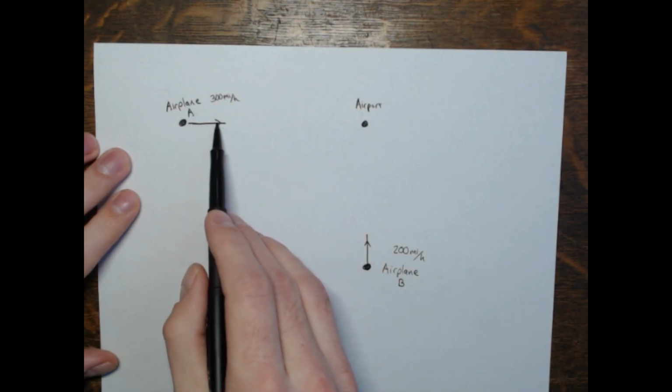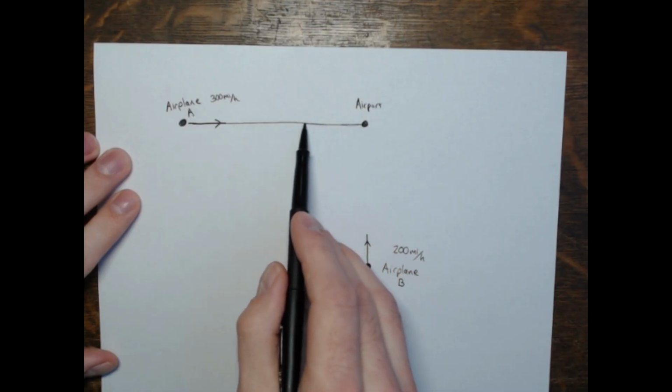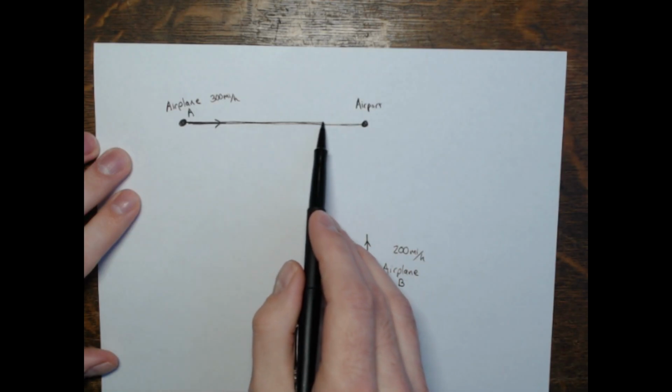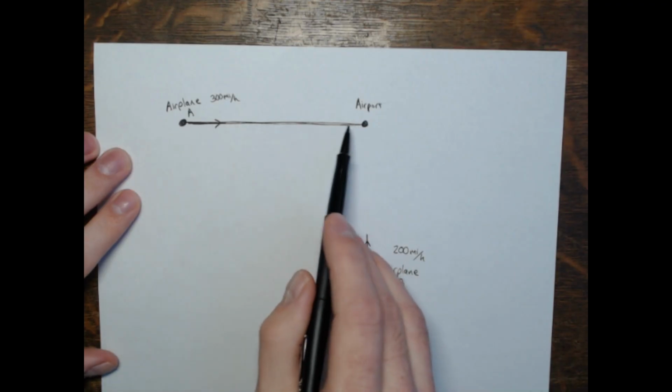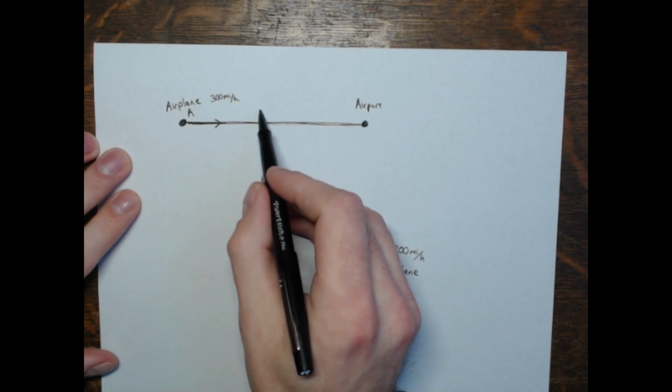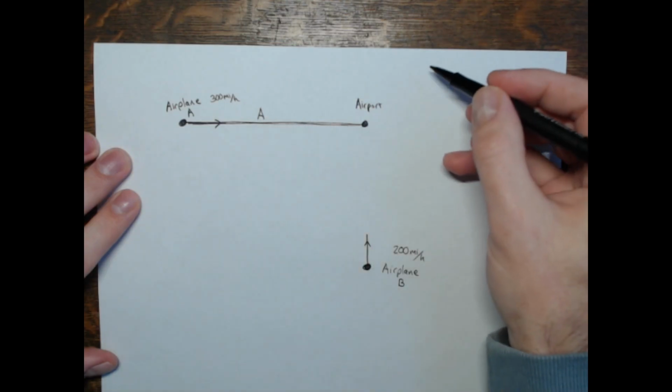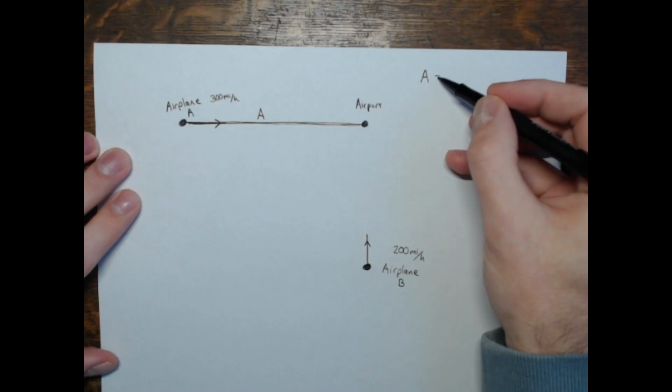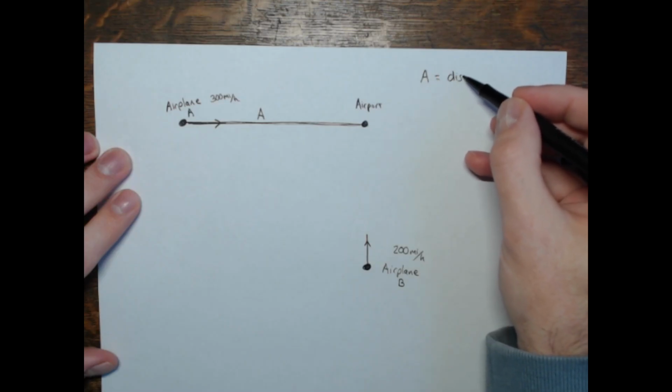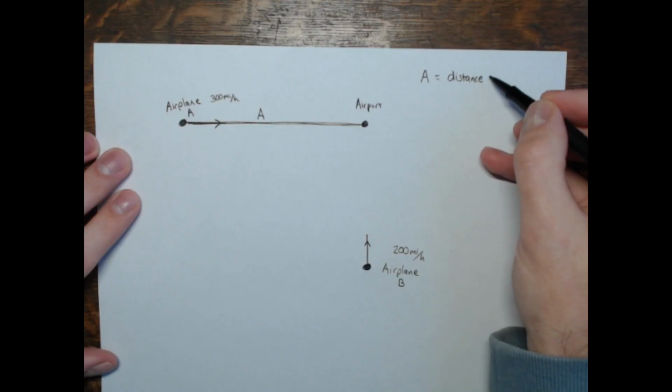So the things that are changing as time goes by are the distance from A to the airport, and I'm just going to call this capital A. So capital A is the distance from plane A to the airport.